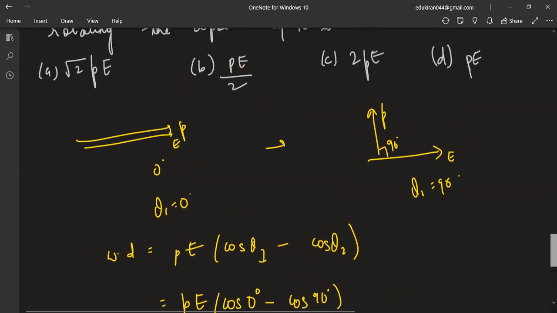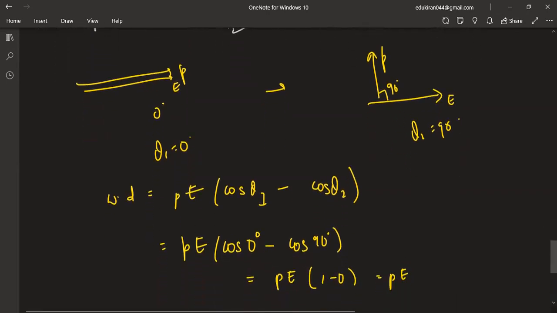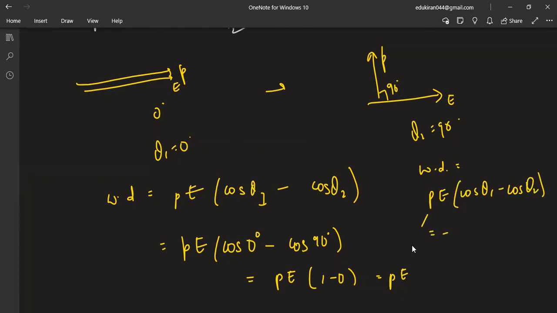Ma'am, how did this work done equation come along with cos theta 1 minus cos theta 2? This equation has a big derivation. For now, just remember the formula. It's either PE (cos theta 1 minus cos theta 2), or minus PE (cos theta 2 minus cos theta 1).